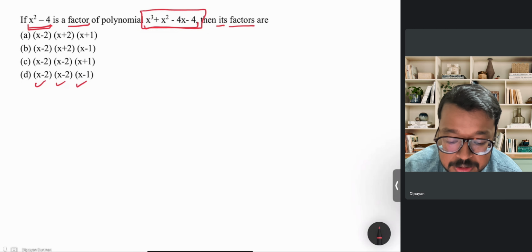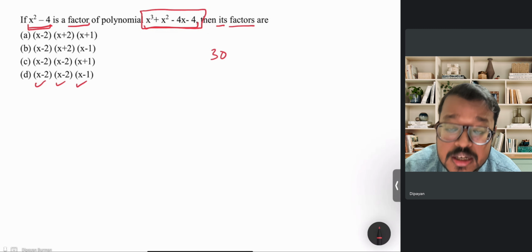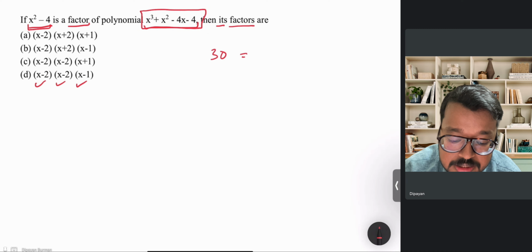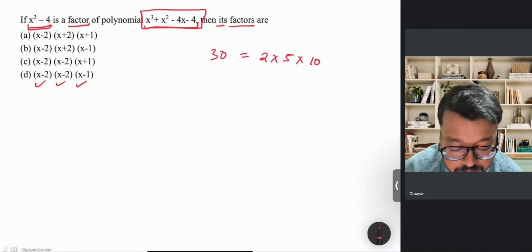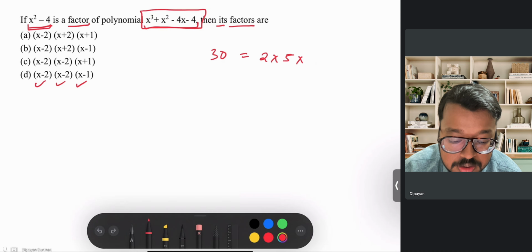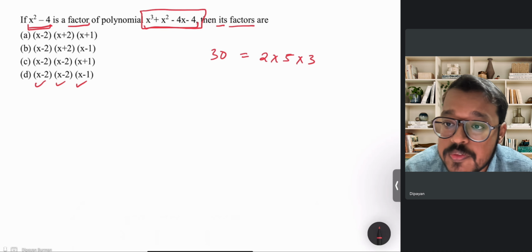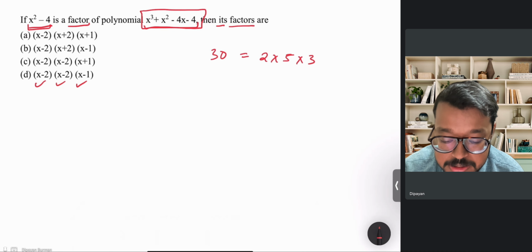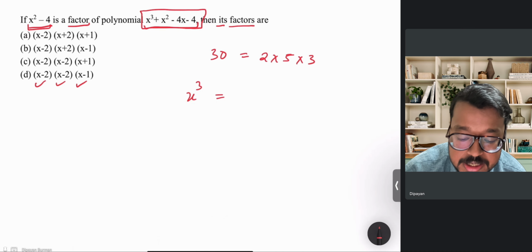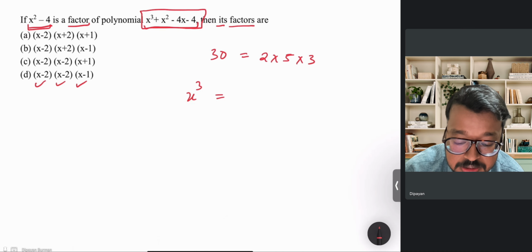Now for example, if I have a number 30, 30 can be prime factorized as 2 into 5 into 3. The same way, if I have a cubic polynomial, suppose something with x cube, that can always be factorized into 3 linear factors.